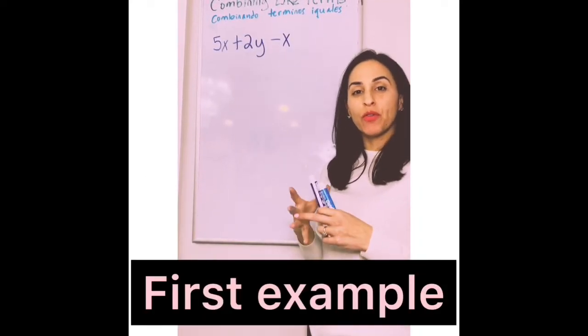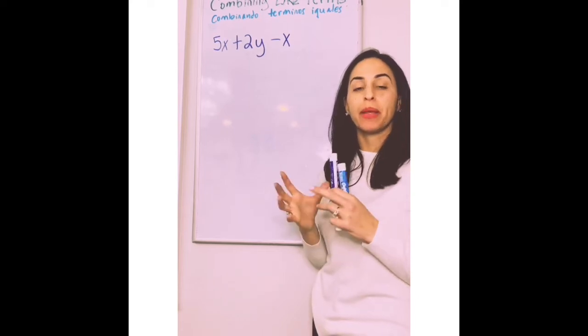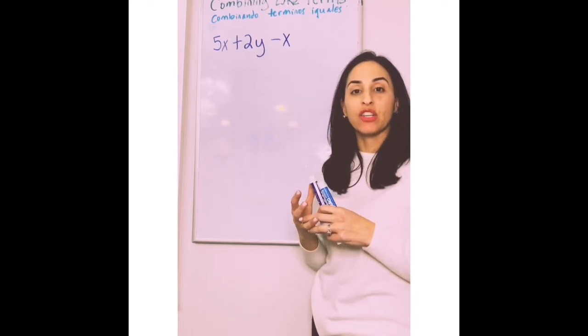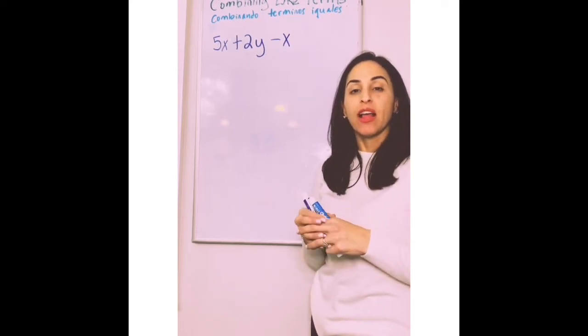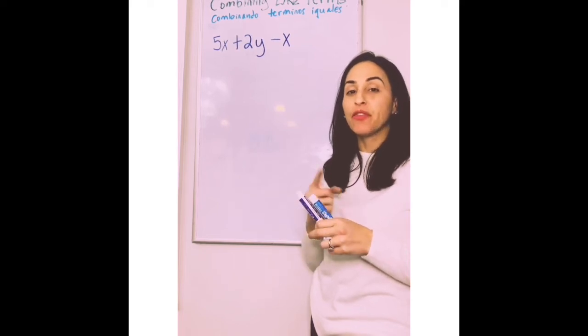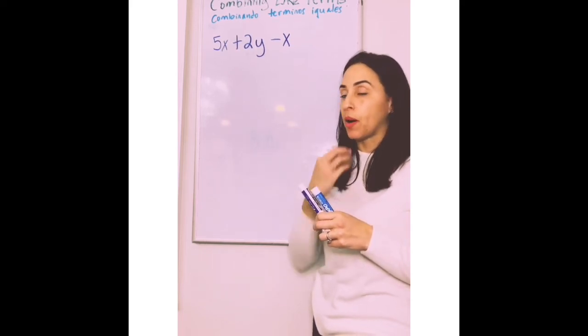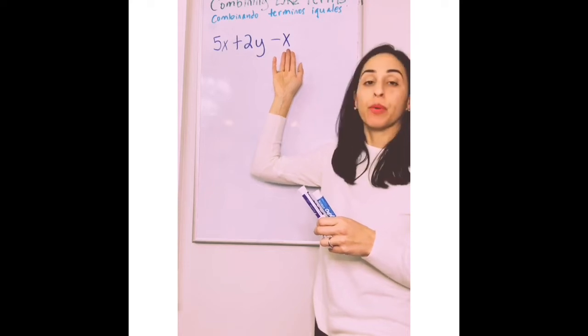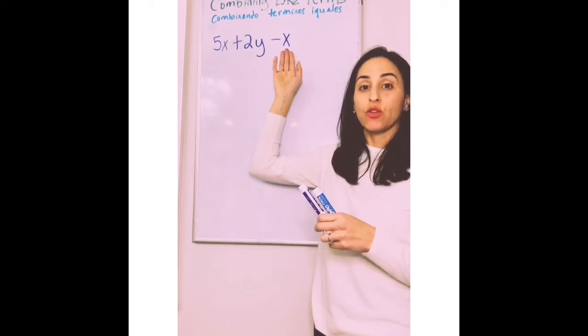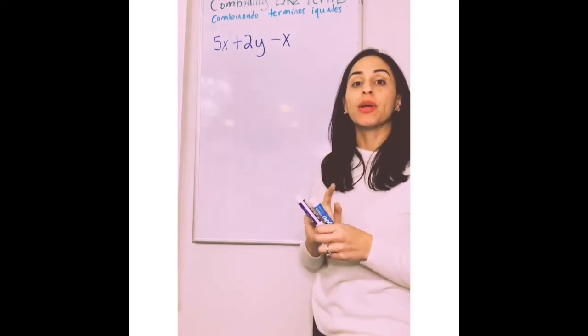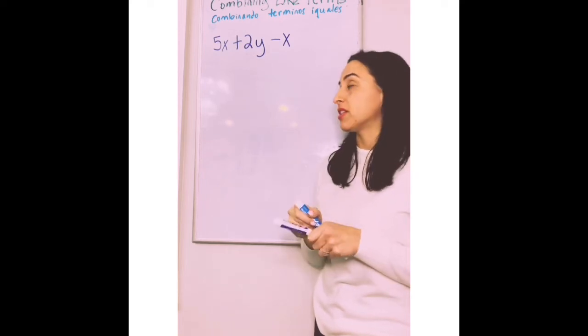Alrighty, boys and girls. So we went over the vocabulary necessary to be able to simplify and combine like terms on an expression. So let's go ahead and test it out. I did fail to mention something very important. If you see a variable by itself and you don't see a number in front of it, you can assume that there's a 1 in front of it.